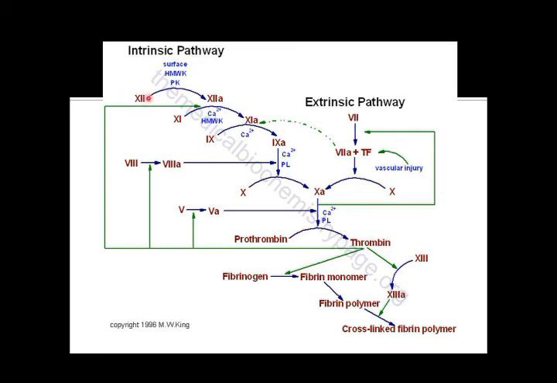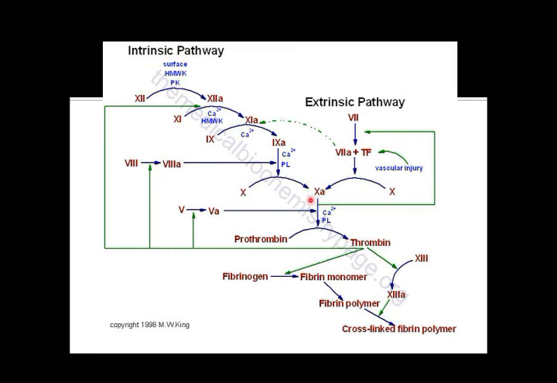So factor 12 is inactive, but is always made by the liver so that we have some there ready to activate in case we've got a damaged blood vessel. So anyway, factor 12 will come across subendothelial collagen and it will activate into factor 12A, which will then activate other clotting proteins, ultimately which will activate factor 10 into factor 10A.